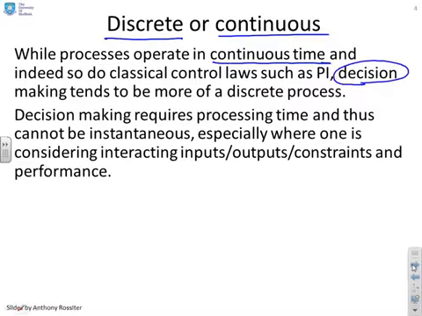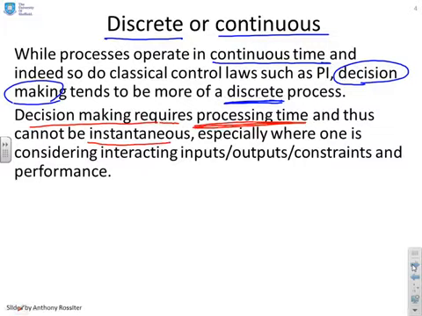If you look at decision making, you'll find that decision making tends to be more of a discrete process. It's not done continuously. You make a decision now and you make a decision maybe in 10 seconds' time or a minute's time. And why is this? Because decision making requires processing time or thinking time, and thus it cannot be instantaneous.